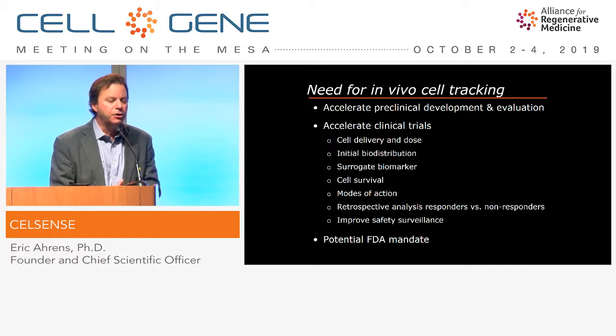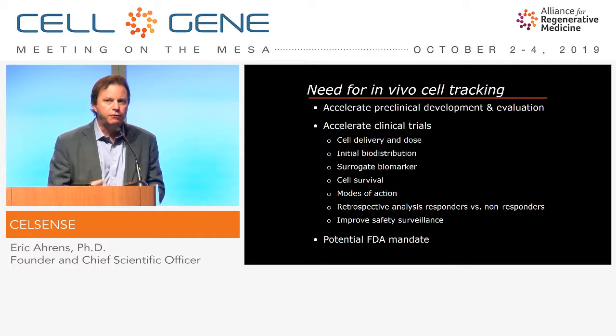With this information, you can also get retrospective analysis for responders versus non-responders. So if a patient fails to respond to a cell therapy, the oncologist, for example, in their mind's eye, thinks that the cell trafficking was important, but they have no way to see that.